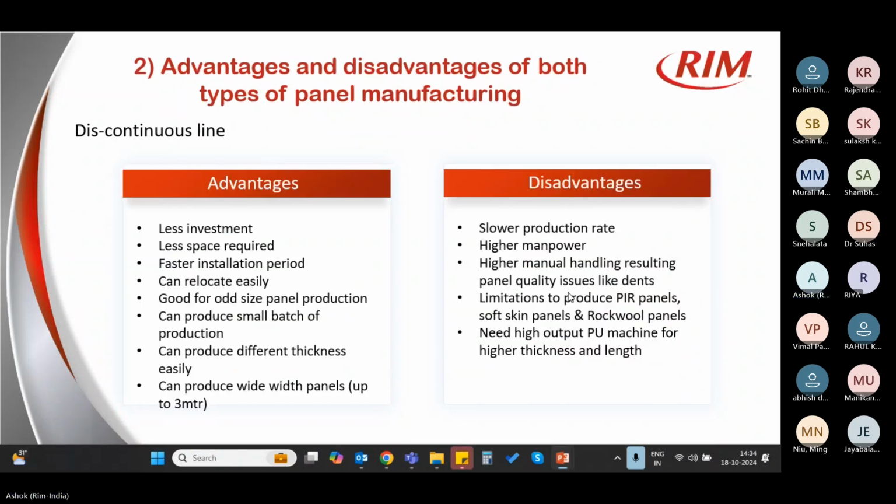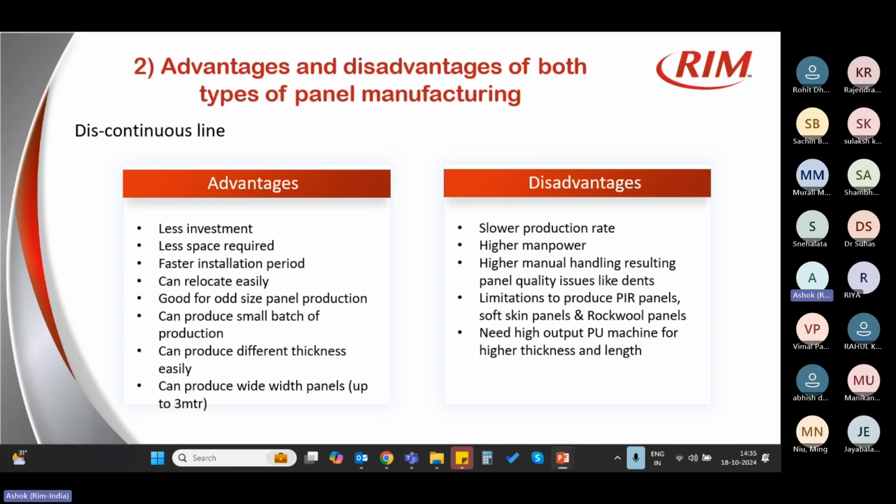So what are the advantages and disadvantages of the discontinuous line? If we start with the advantages, less investment is required because the number of equipment is quite a bit less compared to the continuous line.